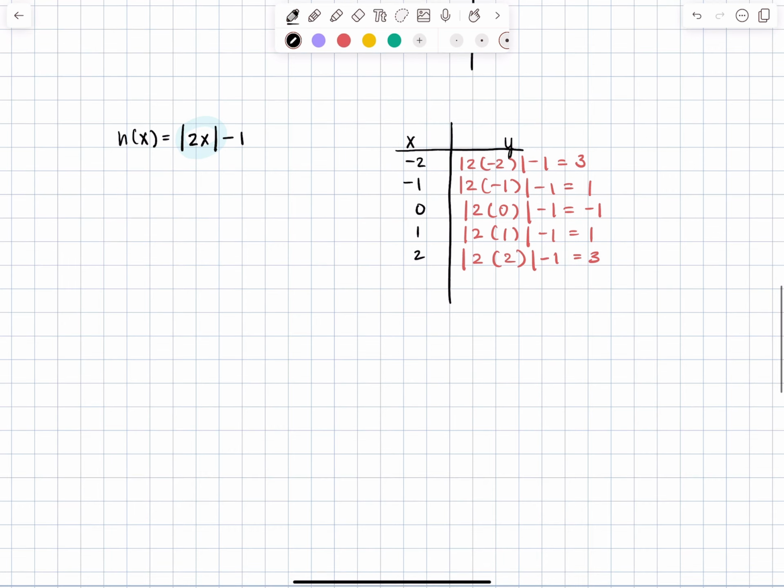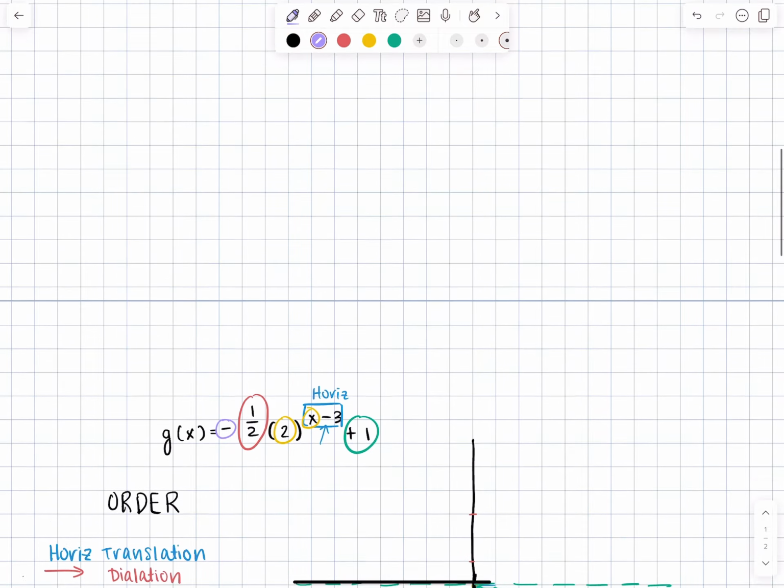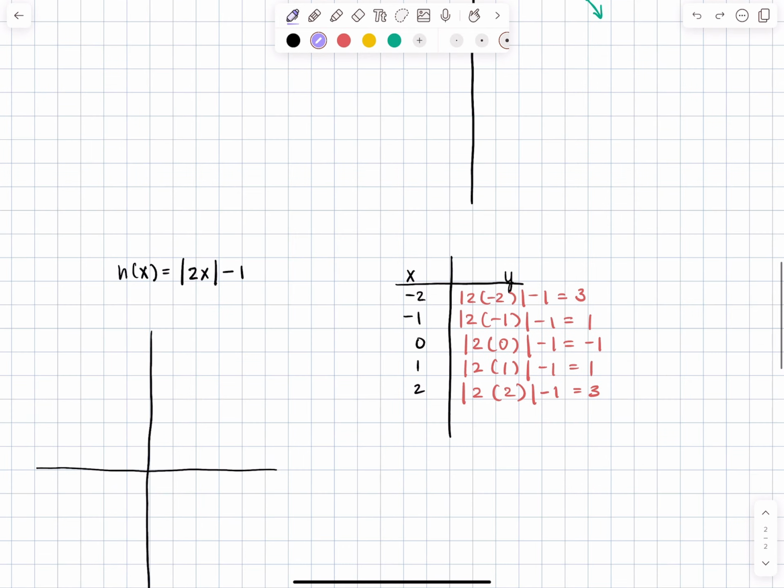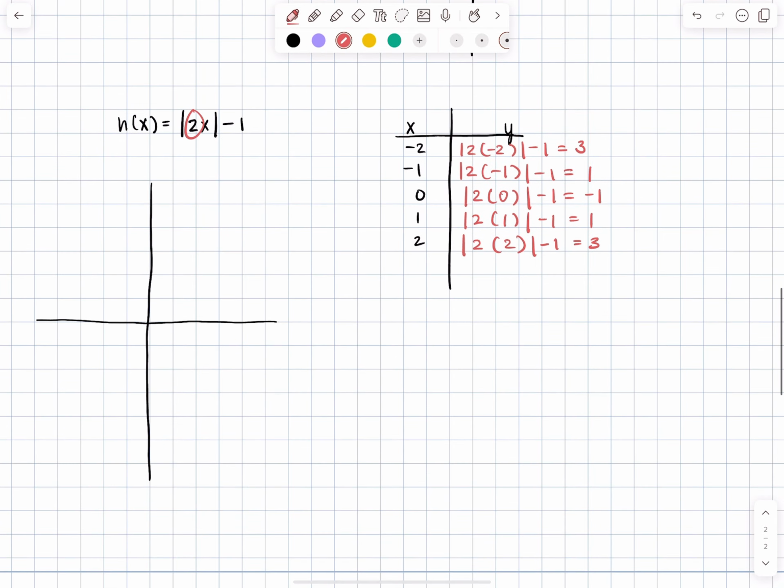But let's just do the transformations as well, just so you can see that you get the same answer. So remember, our first transformation was horizontal, and we don't have any horizontal. We don't see anything adding or subtracting inside the absolute value function over here. So that's done. Next is our dilation, and we see that we have a 2.